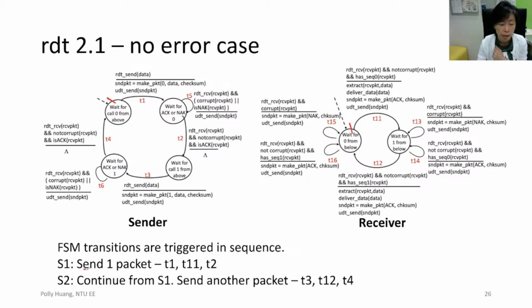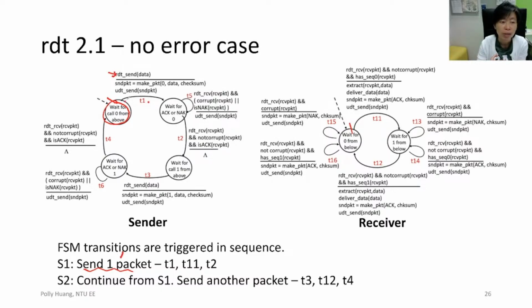Now, the event is send one packet. We're here at the starting state, so to determine what transitions to take, let's check out what the transitions are. Starting from this state, there's only one possibility, which is T1. And it happens to be what? Getting a call from above, which is to send one packet.